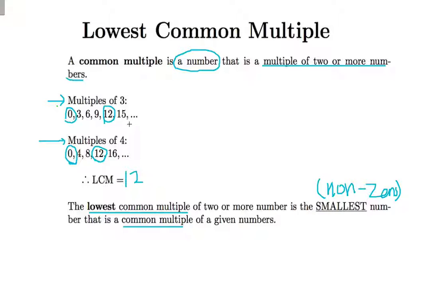If we continue the list, 18, 21, 24, and for the other, 20, 24, obviously it is not 24, because it is not the smallest one.